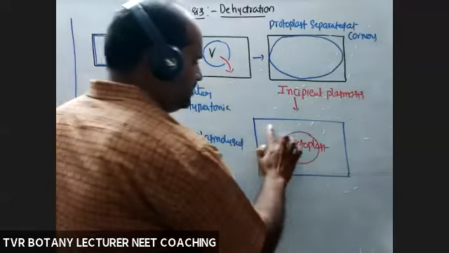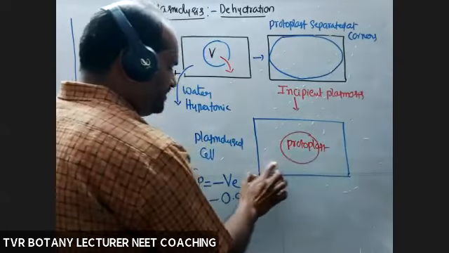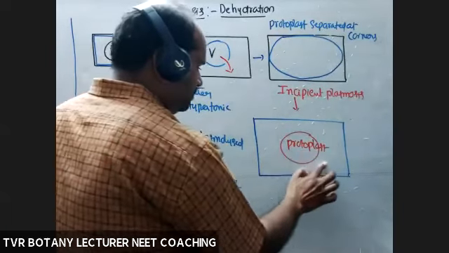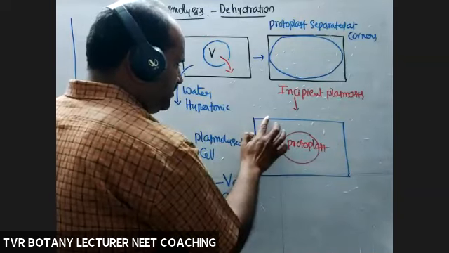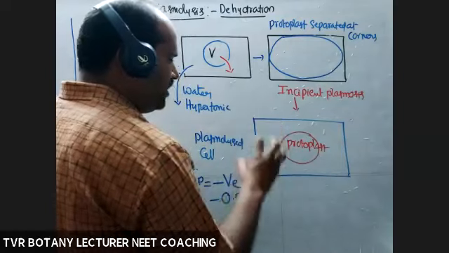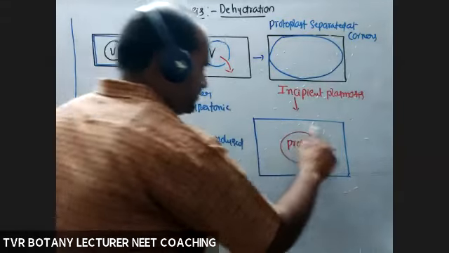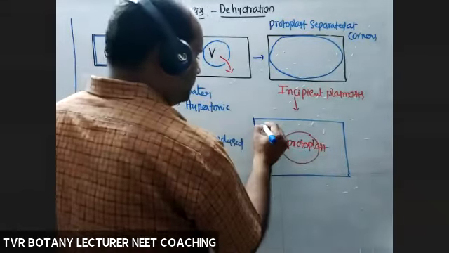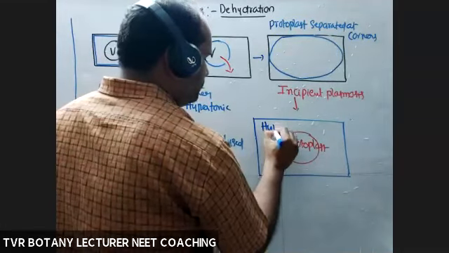The next question is, what is the liquid present in the space between the cell wall and the plasma membrane? What type of solution is present here? Go for hypertonic solution only.